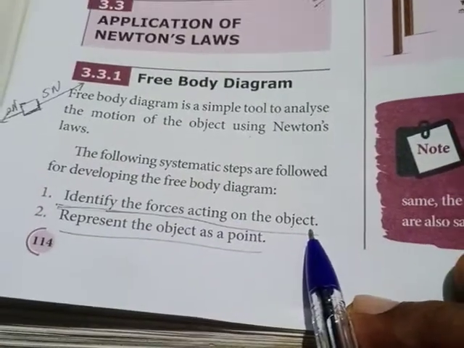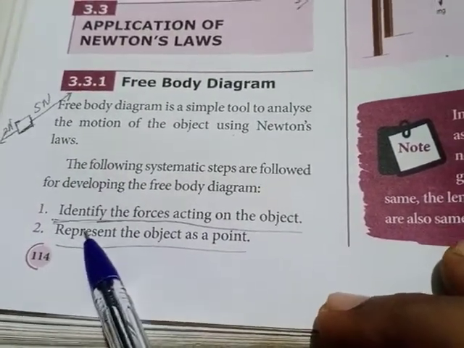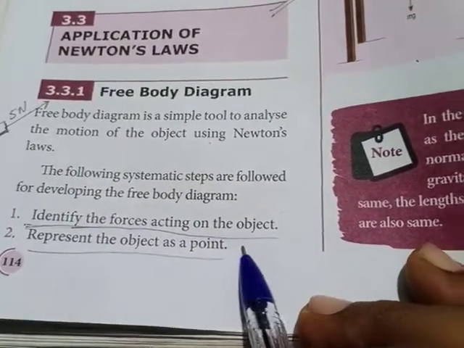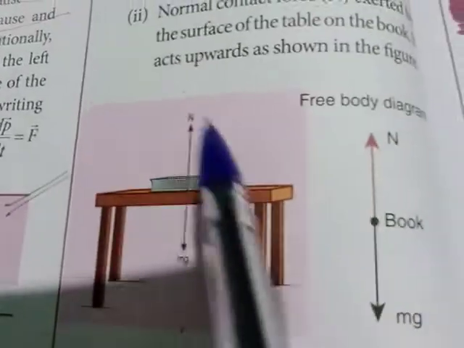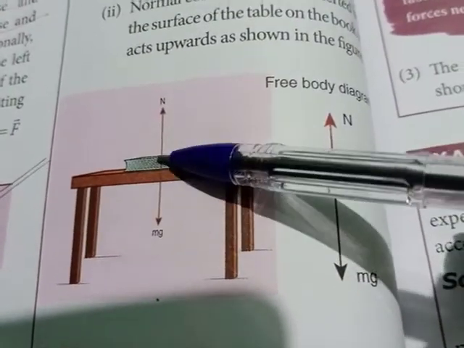For that, some conditions are there. The first condition is to identify the forces acting on the object. Second is to represent the object as a point. Third is to draw the vectors representing the forces acting on the object. First, we identify the forces acting on this object.